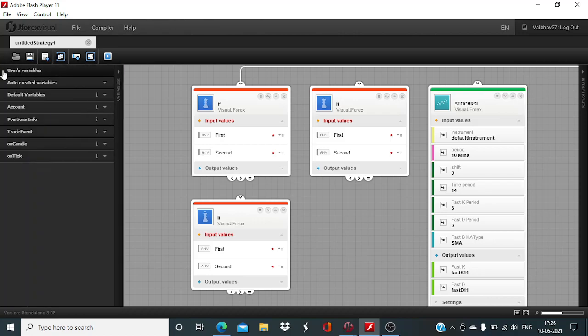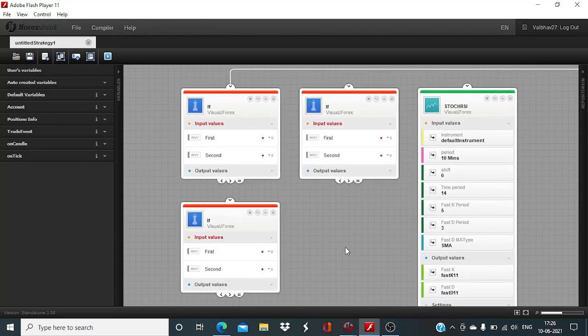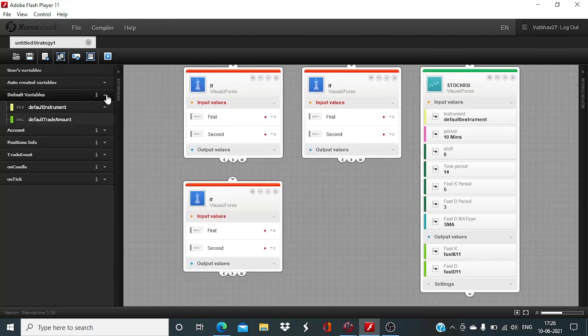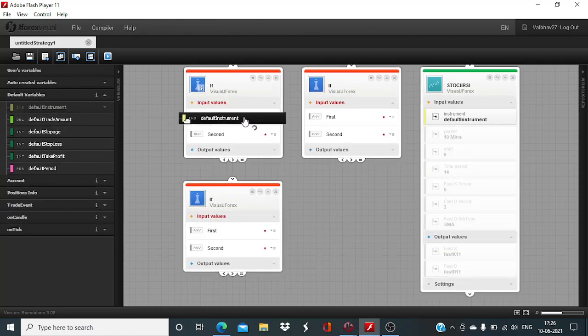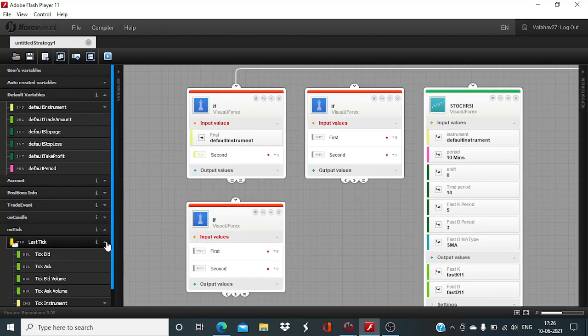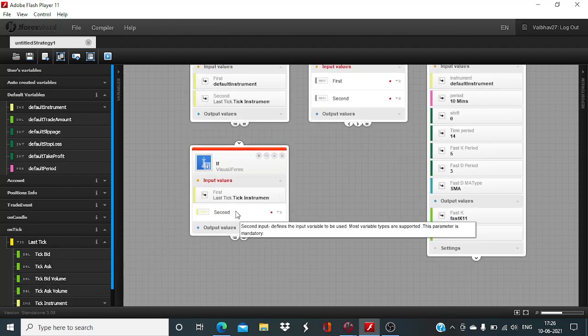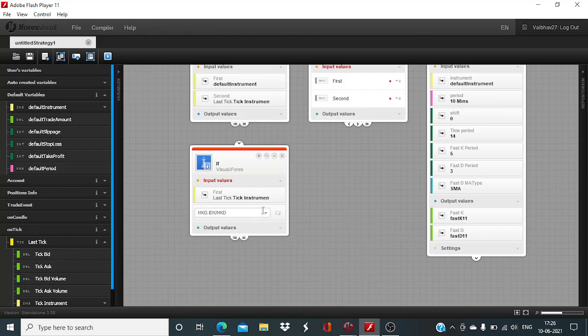So we have to match the last tick instrument to the default instrument. The default instrument should match the tick instrument, and the tick instrument should match the instrument of choice, which is USD JPY.